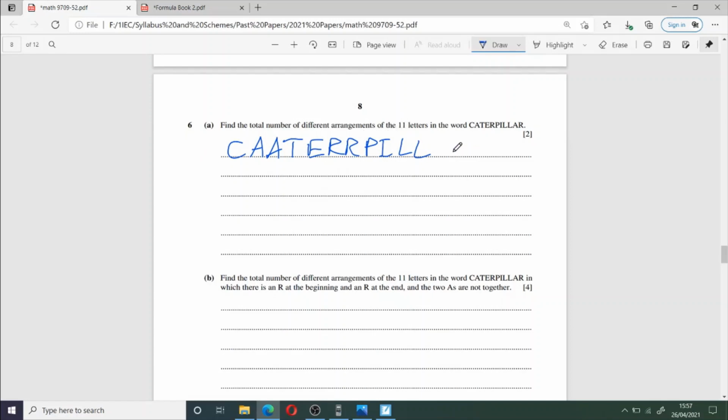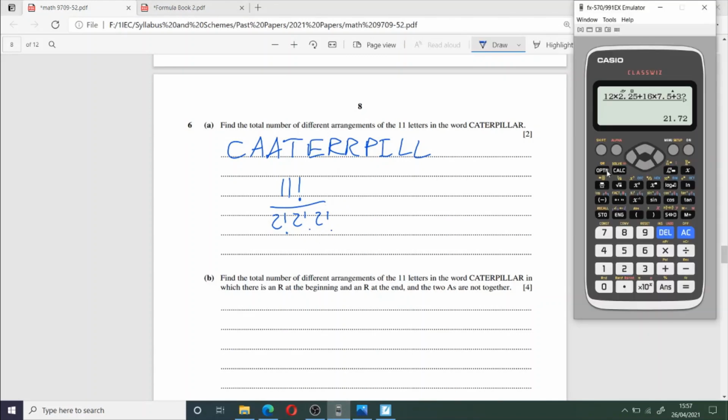Okay, so if all of these were distinct, we would have 11 factorial ways to arrange them. But we have 2 A's, so we're dividing by 2 factorial, 2 R's, another 2 factorial, and 2 L's. So 11 factorial divided by 2 factorial times 2 factorial times 2 factorial.